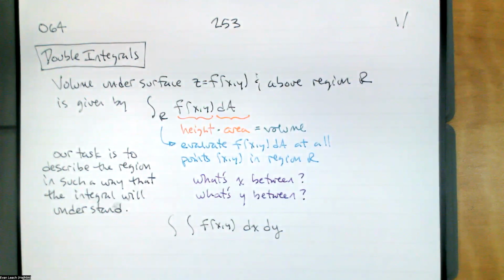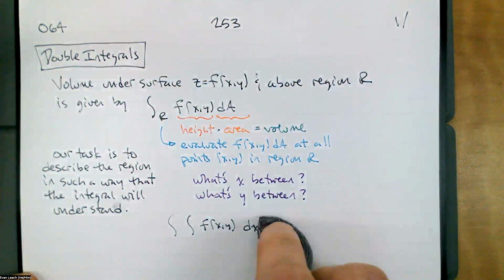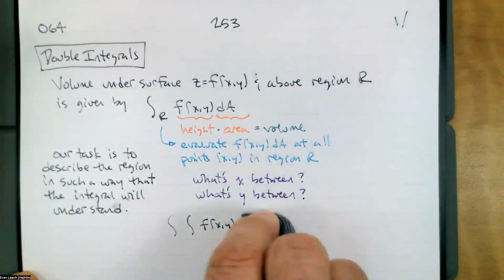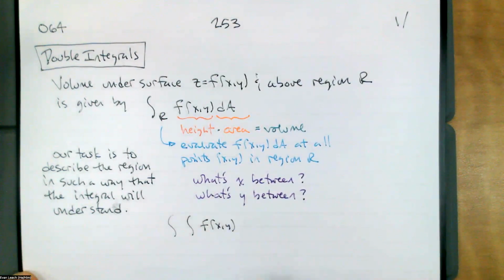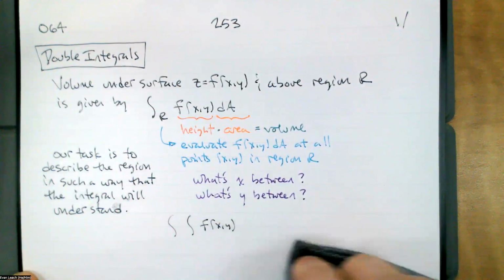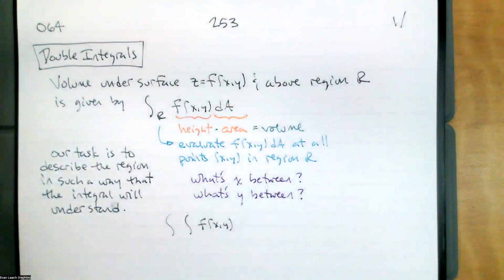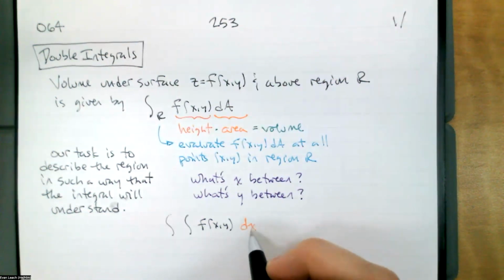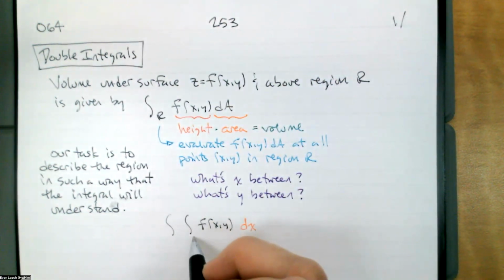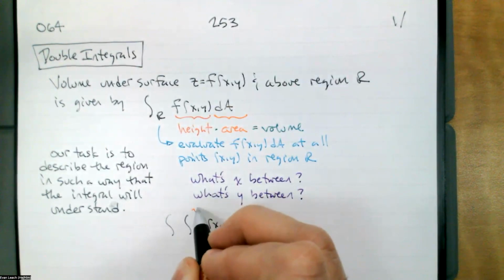Like we mentioned yesterday, we'll have an x integral, and the dx is closest to the function, so the integral that's closest to the function will be the x integral. So we'll have a dx, and this first integral will be associated with the x.